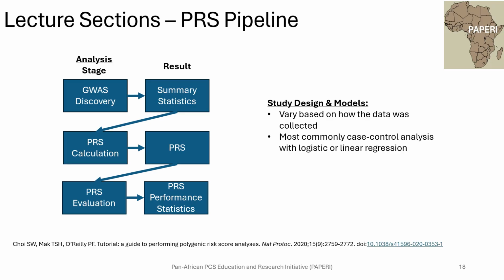And we then assess the model performance in a number of ways. We'll look at the beta coefficient for the polygenic risk score. We'll look at the p-value for the polygenic risk score. And then we'll look at the overall model performance, the R-square and AUC statistics.